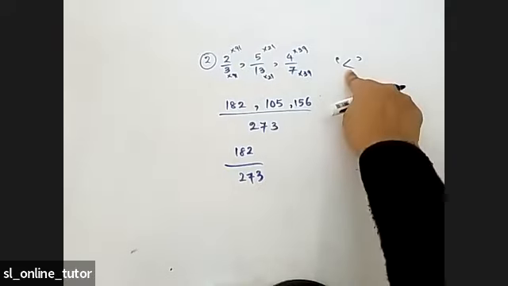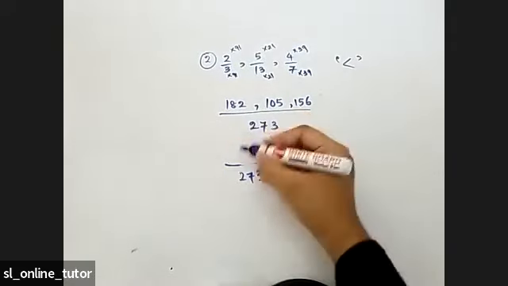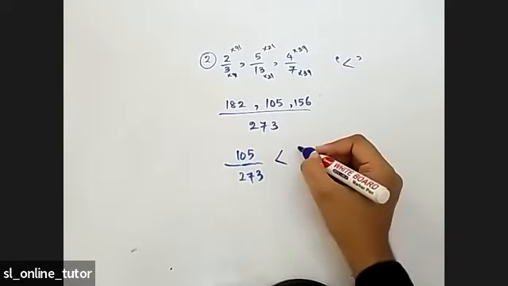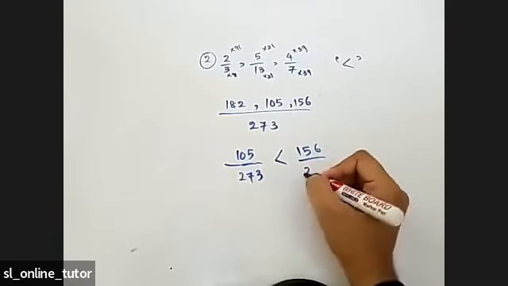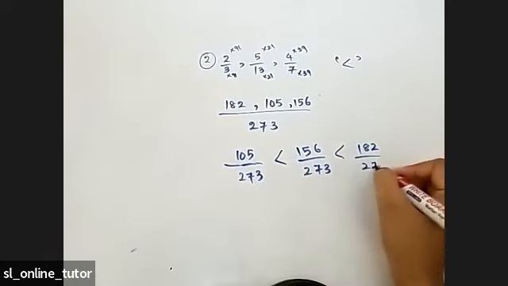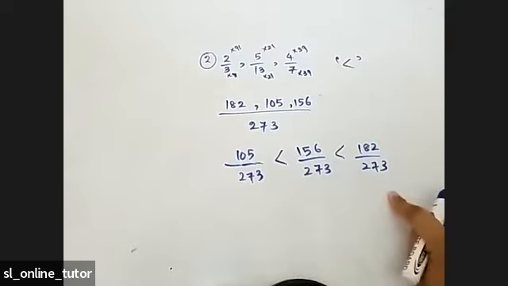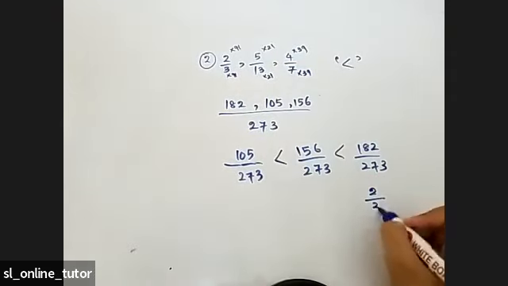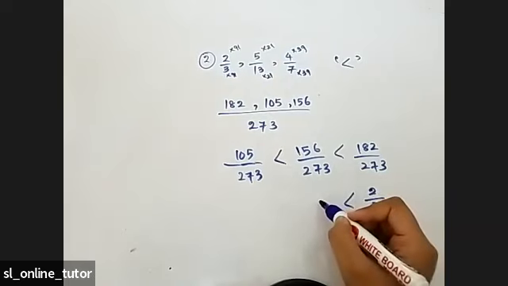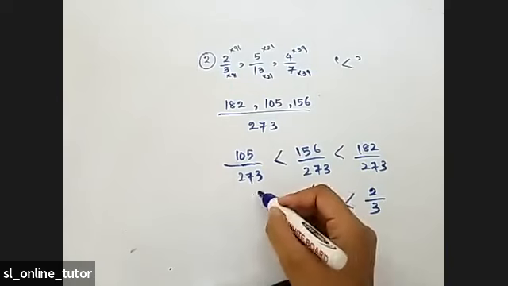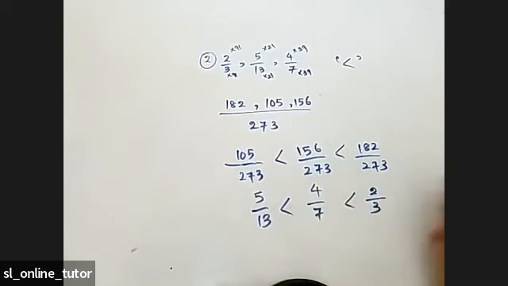Then the smallest first: 105 upon 273 is smaller than 156 upon 273 and 182 upon 273. This is the largest, but we are not writing the answer in this way. We have to use the original fractions. 182 means 2 by 3, 156 over 273 means 4 by 7, and here you get 5 by 13.